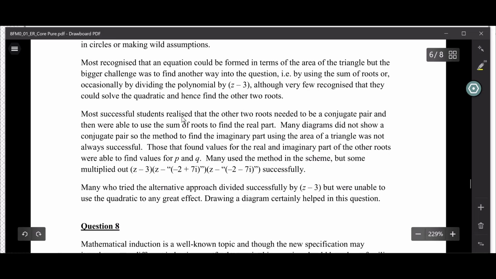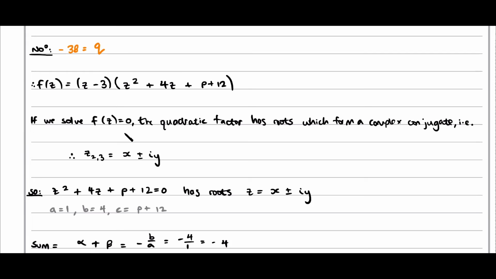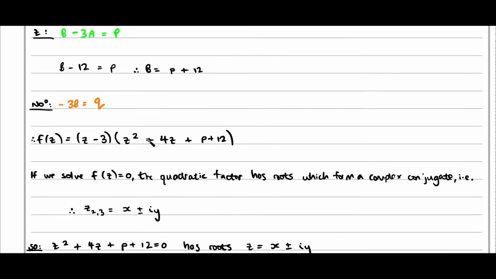Most successful students realized that the other two roots needed to be a conjugate pair, and then were able to use the sum of roots to find the real part. So what I said over here is quite important, that you had to recognize that you have a complex conjugate for the solutions of this quadratic.